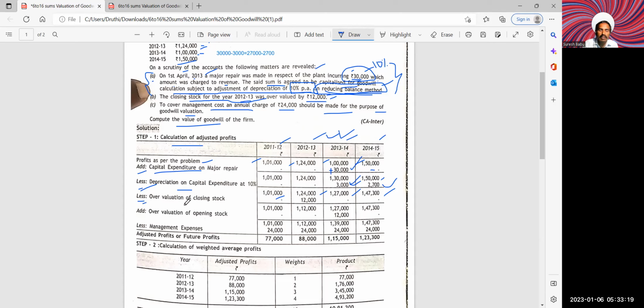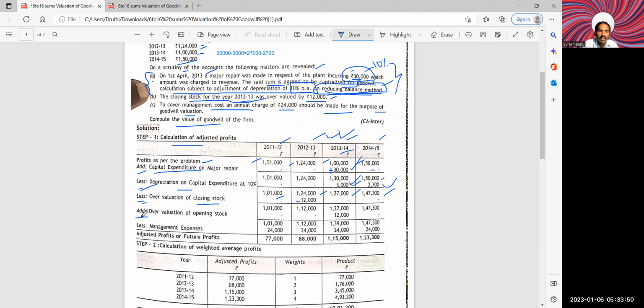Now 12-13 was overvalued, so 12-13 is subtracted. Further, this closing stock of 12-13 becomes opening stock in 13-14. Closing stock overvaluation is subtracted.